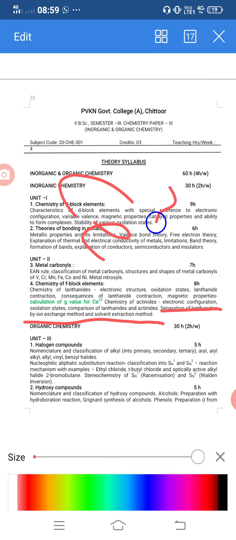For example, you need to remove cerium 3 plus from the mixture of lanthanides. In a mixture containing 10 lanthanides, you can separate the one you need by using two methods: ion exchange method and solvent extraction method. And here very important are lanthanide contraction and some f-block elements showing different oxidation states.